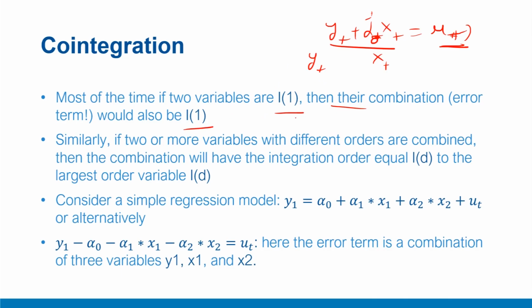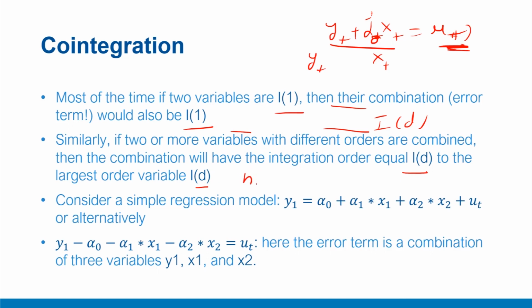So the idea here is that if you combine two or more time series variables with different orders of integration, the combination term, that is mu t, will be integrated of order d, where d is the maximum order of integration.